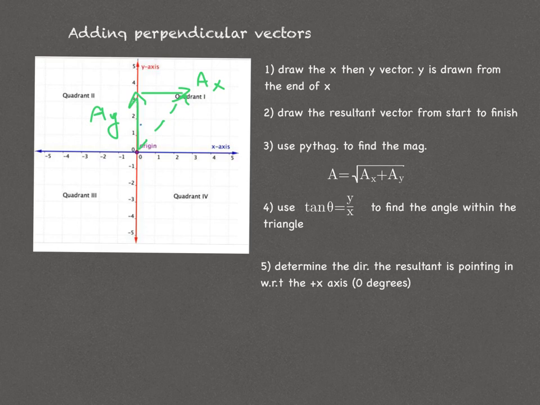However, finding that direction is a little different because the angle that's within our triangle is there now instead of with respect to the x-axis. So if we were going to solve for that angle right here, we would have the opposite over the adjacent, which is the x over the y now. Okay? And if we did that for any quadrant, we would always end up trying to solve for the angle that's touching the origin, and you would always get the opposite x over the adjacent y.